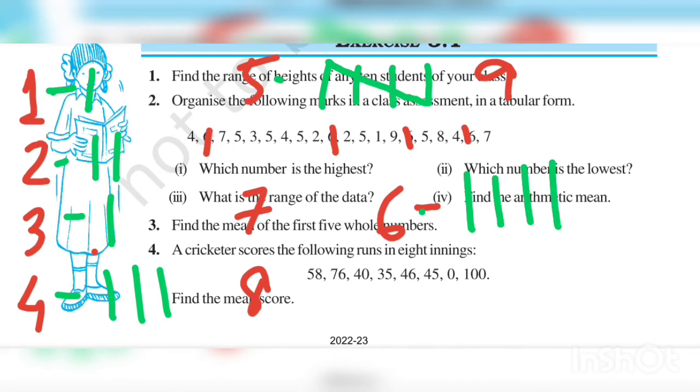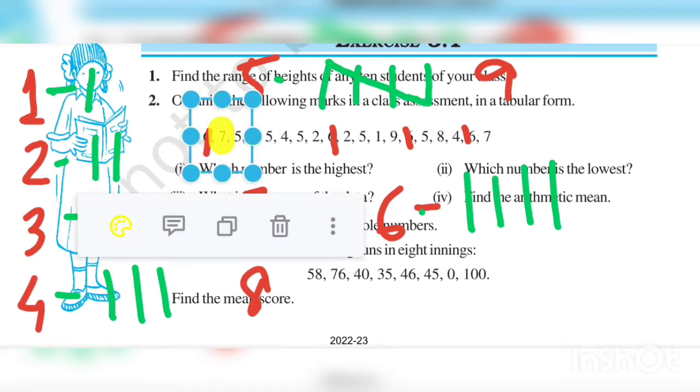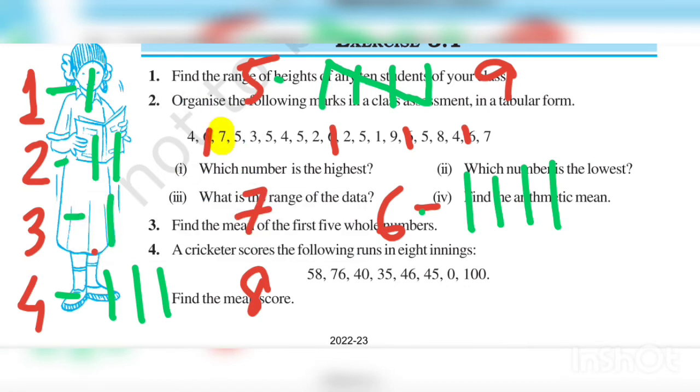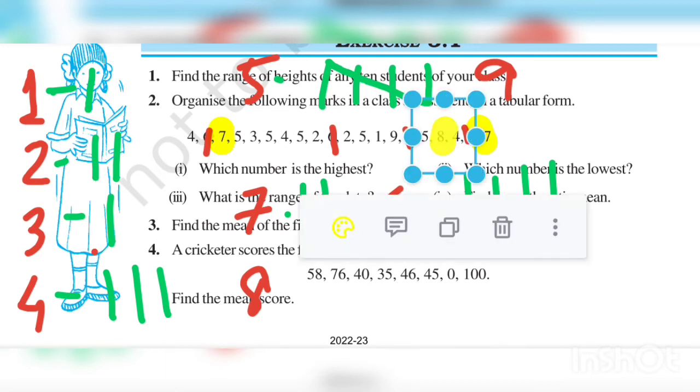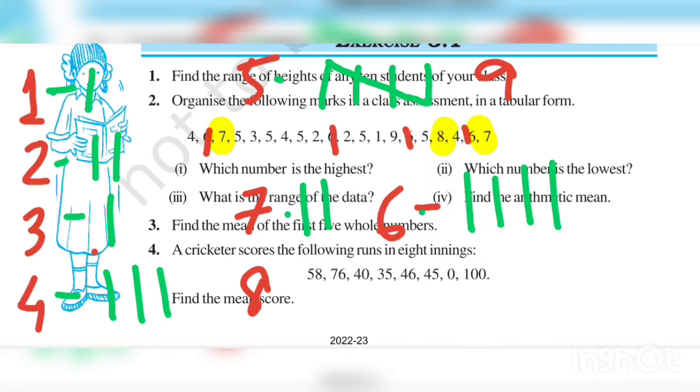Now for 7, again we have to count it. Let's do 1 and 2. Here we are getting two 7's as far as I can see, so let's draw 2 tally marks here. Now let's take 8. How many times is 8 occurring? Yes, I can see it only once, so let's draw one tally mark.